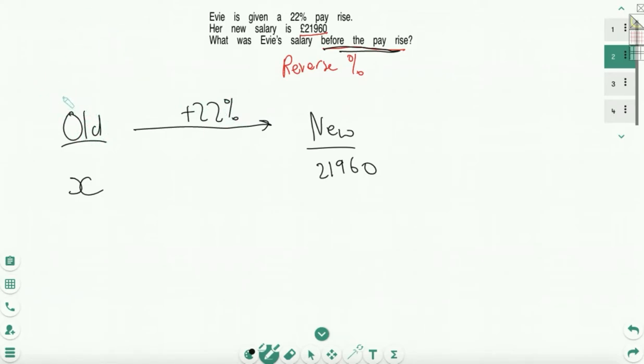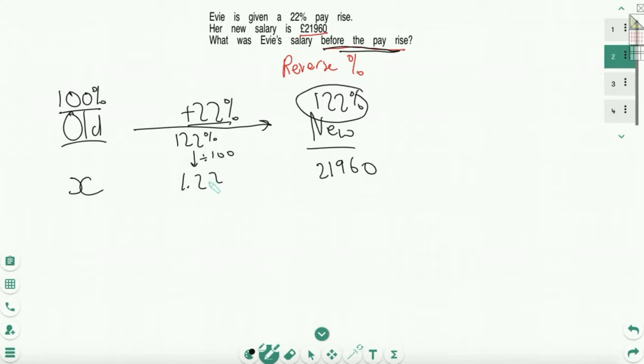The old price or her old salary is always 100%. 100% plus 22% makes 122%. We're going to turn that 122% into a decimal by dividing by 100, which gives us 1.22. So some number multiplied by 1.22 is equal to 21,960.